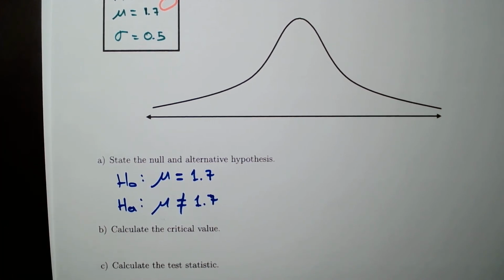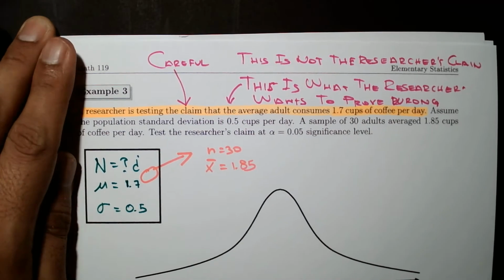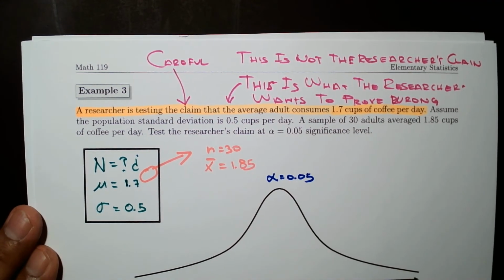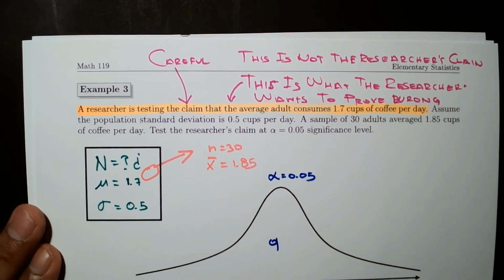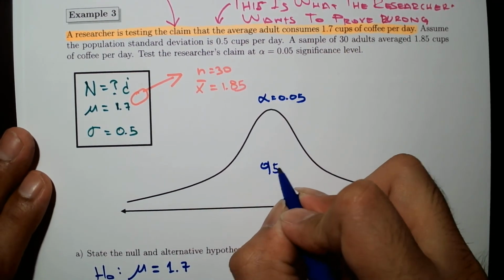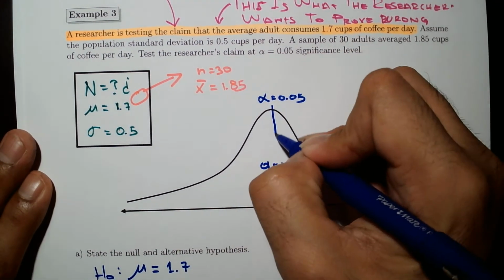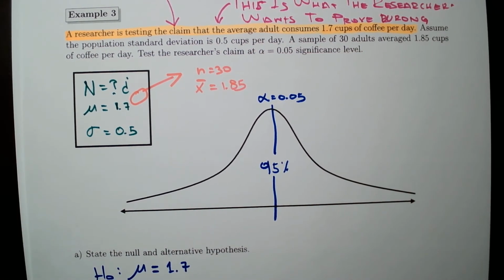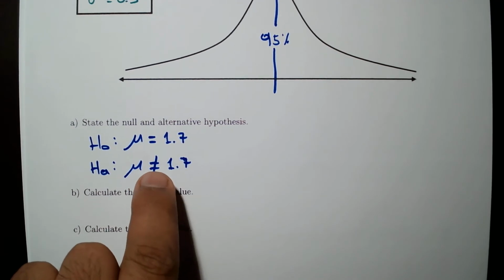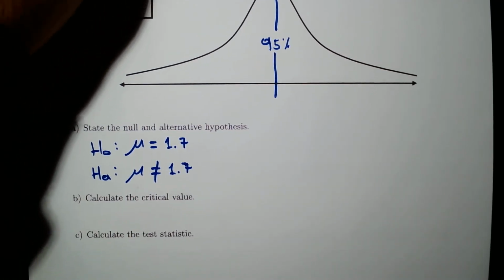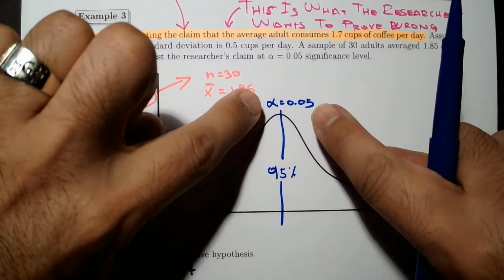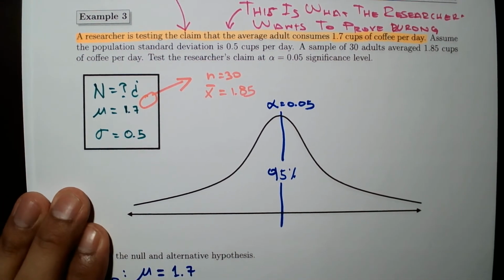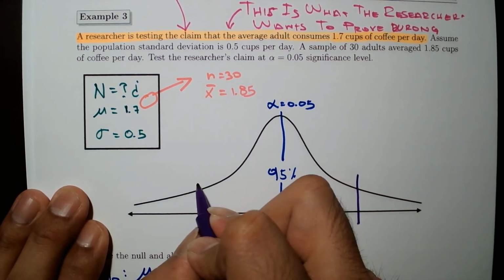All right, so we have alpha 0.05. That means we are going to conduct a 95% precision test. Because this is a not equal, that means we split this into two regions evenly.